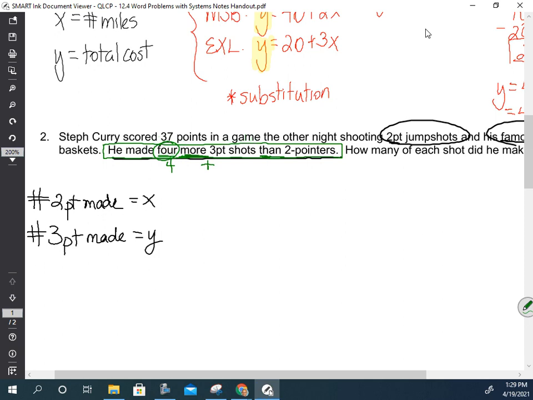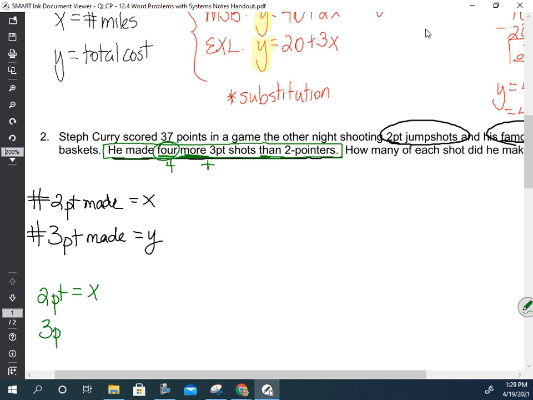So 4 more 3-point shots than 2-pointers. My 2-pointers are X. I made 4 more 3-point shots than 2-point shots.